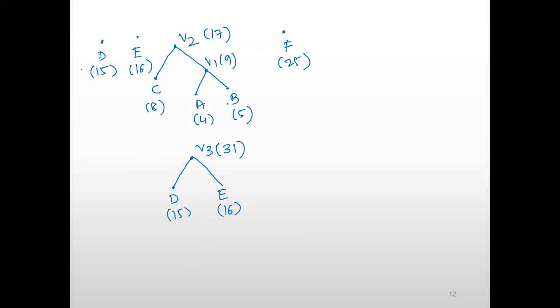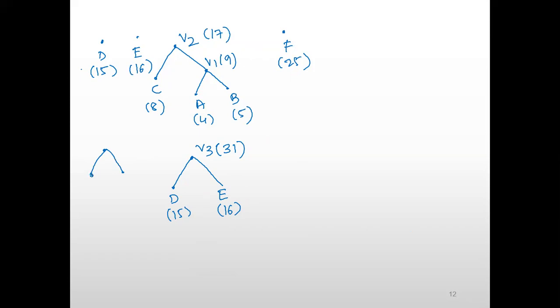And we can observe this 31 is greater than 17 as well as 25. Hence, we need to make an arrangement once again. So, 31 is greater than 17 and 25.